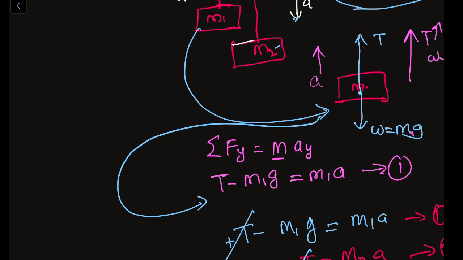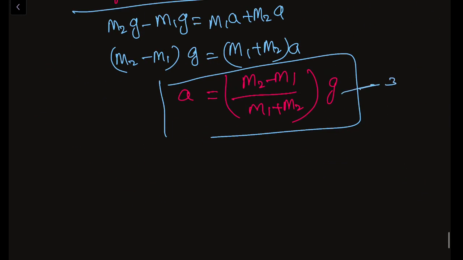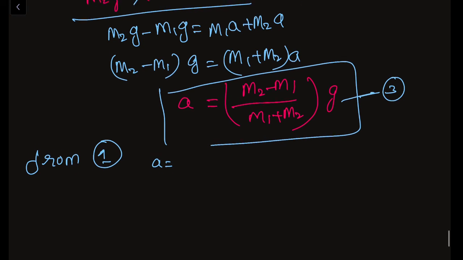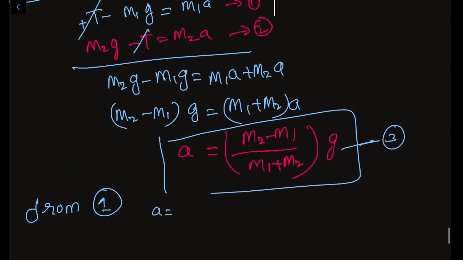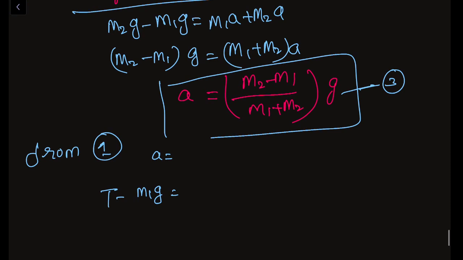Then how can we find the tension? Equation 3. From equation 1, we need to substitute a, then we get T. So what is equation 1, children? T minus m1g is equal to m1a.